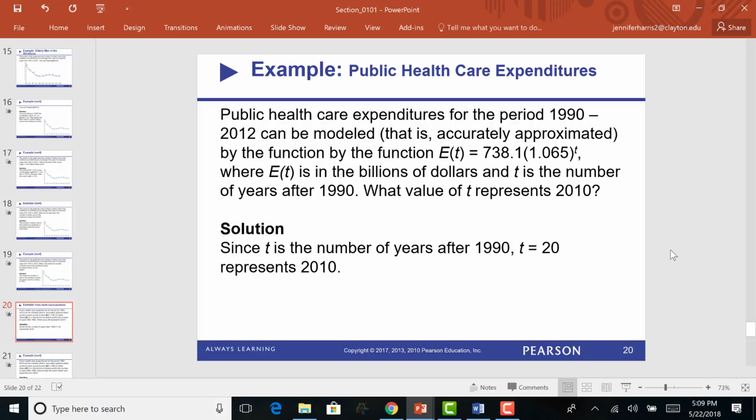How would I determine how much money we spent on health care? Plug it in. Where are you going to plug 20 in? Where T is, and then what? Put it in your calculator and see what it is. Those of you who have your calculator, put 20 in. Tell me how much money we spent on health care. And what year is this? 2010.